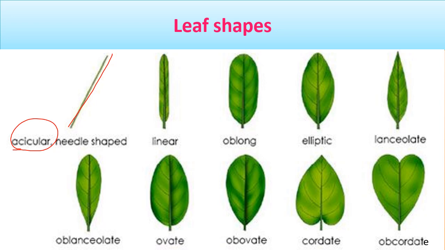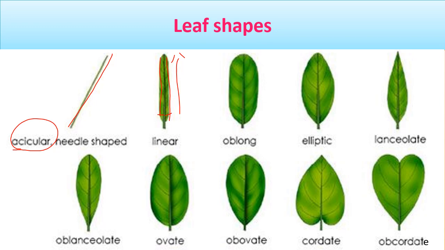There is no dorsal and ventral surface, and that is called acicular. Similar kind of leaf is observed in one gymnosperm, that is Pinus. This is linear, so its width is very less and it's in one line. That's why this is called linear.